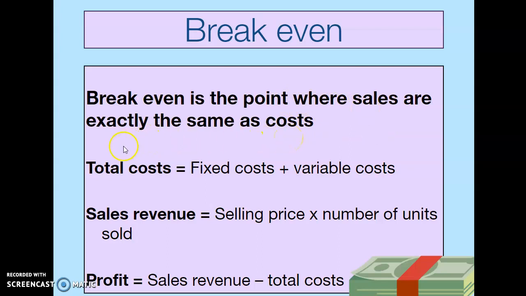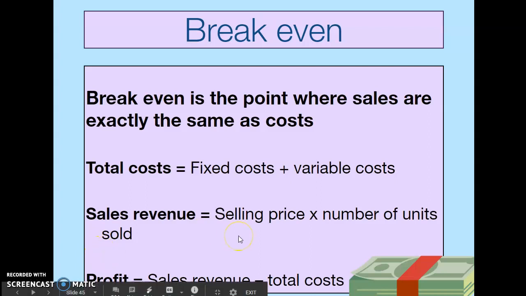Now, three key formulas that you are absolutely aware of by now. The formula for getting the total cost is fixed costs plus variable costs. The formula to calculate sales revenue is the selling price of our product times the number of units sold.